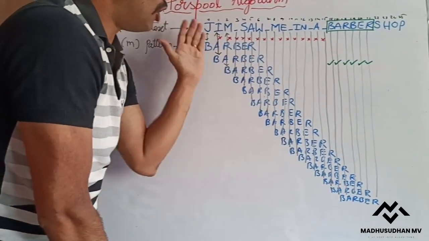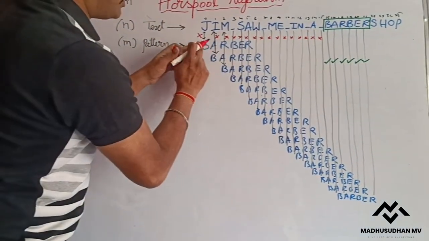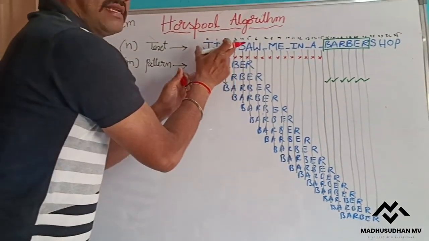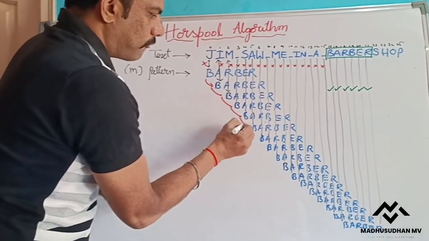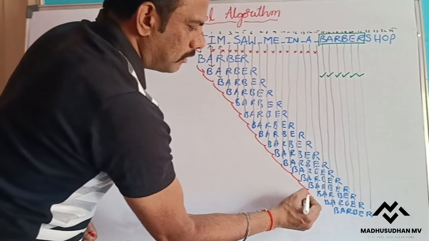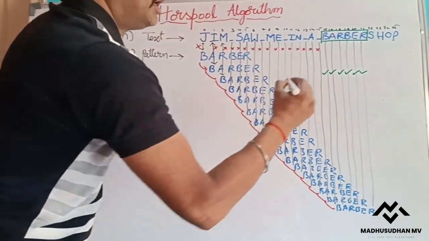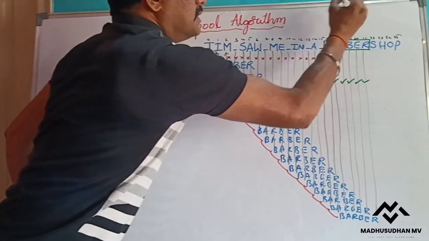Totally, how many times did we shift the pattern? This is the first time we aligned the pattern against the text. Next, 1, 2, 3, 4, 5, 6, 7, 8, 9, 10, 11, 12, 13, 14, 15, 16. Totally we shifted 16 times.